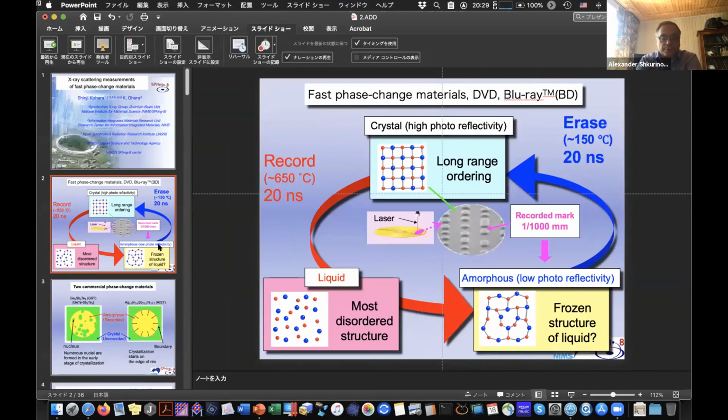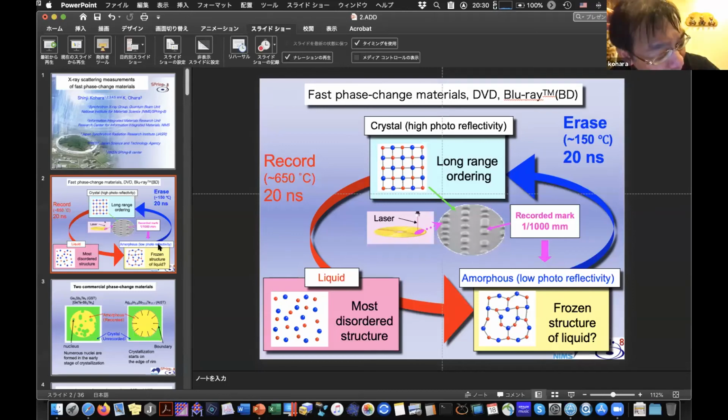Okay, so from the crystal you are discussing the liquid phase, and then you have the amorphous phase and back. Which of these processes could be light induced, and if possible, could be reverse light induced in this diagram?